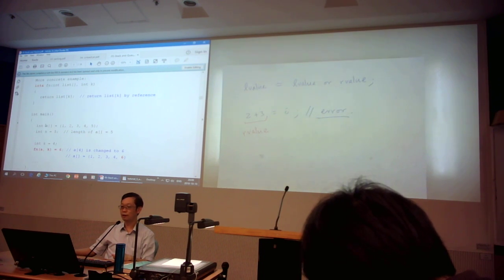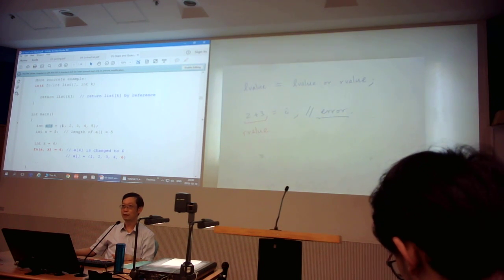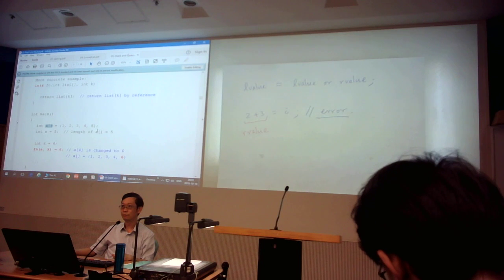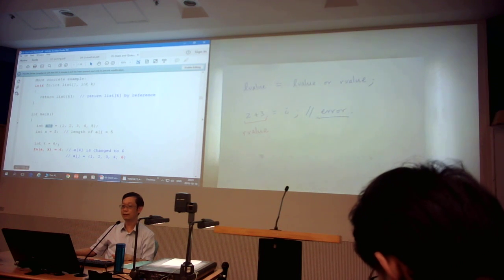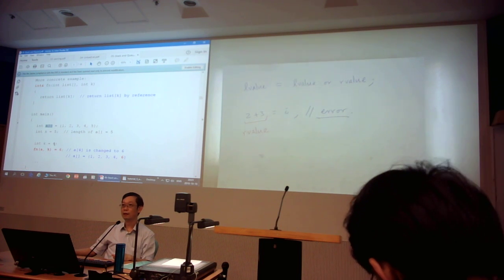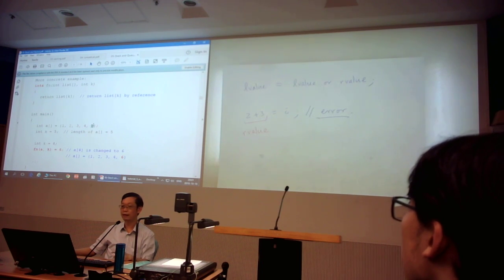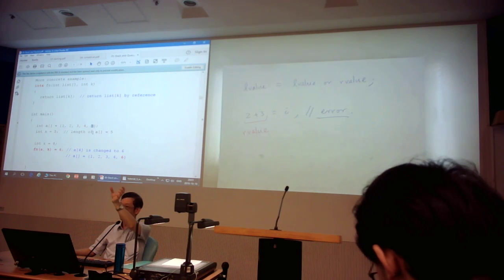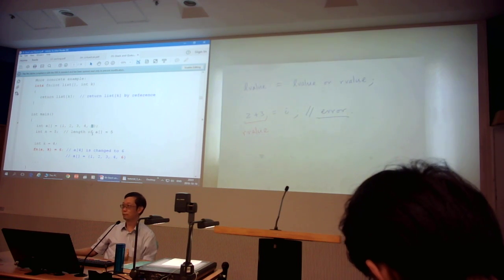Now, suppose the array A originally has the content 1, 2, 3, 4, 5. Then you call the function with k equal to 4. It means this function will return A[4], that is, the value 5 by reference.